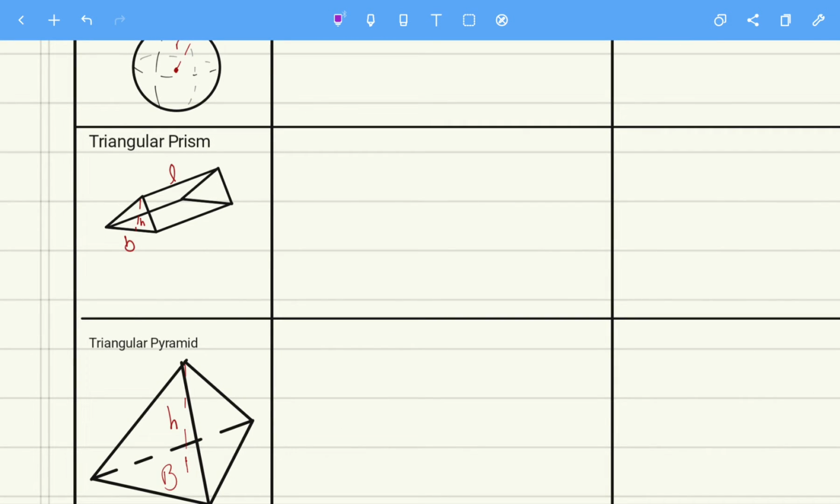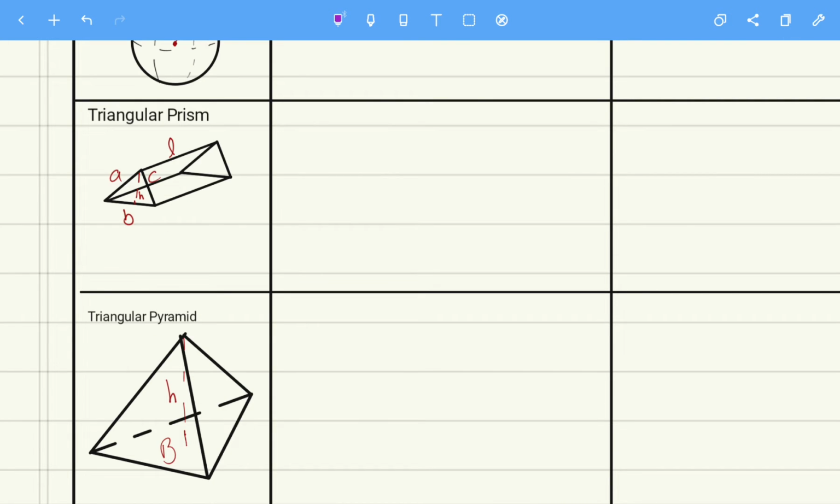Now, triangular prism. The surface area of the triangular prism is base times height plus all 3 sides, so a plus b plus c times the length.